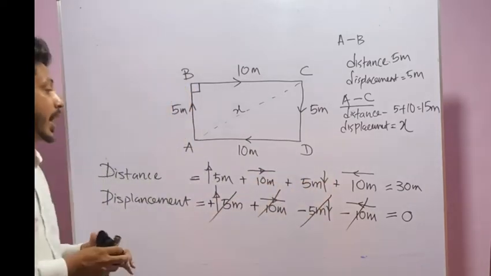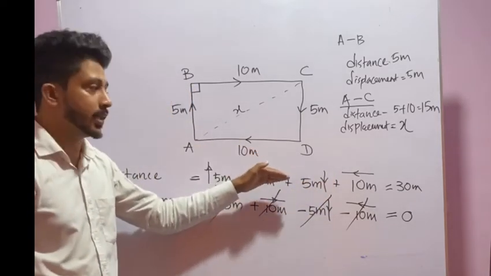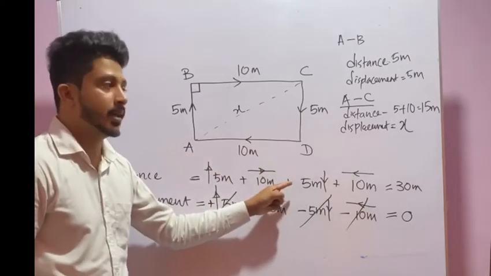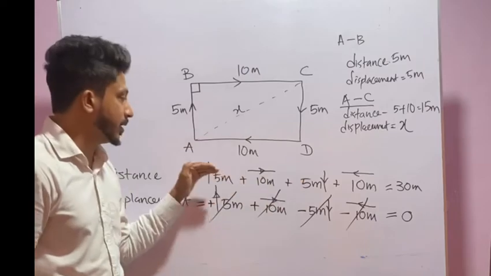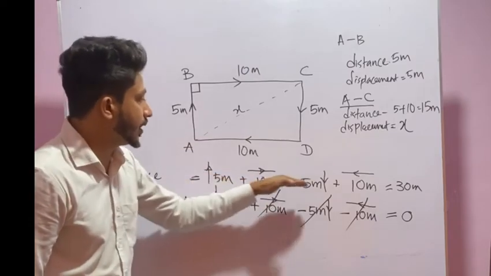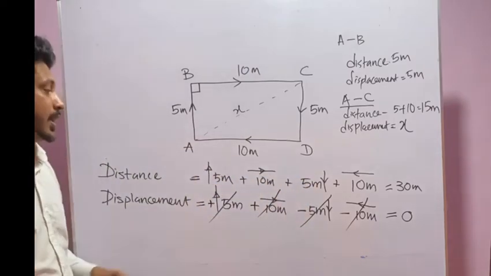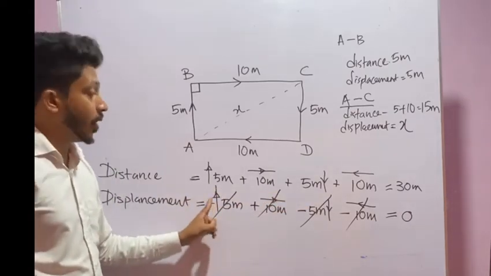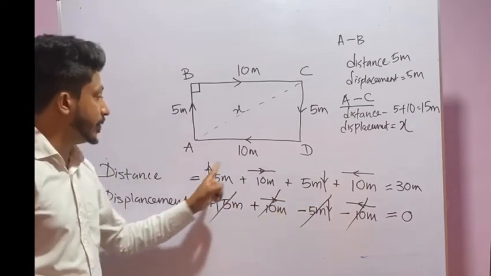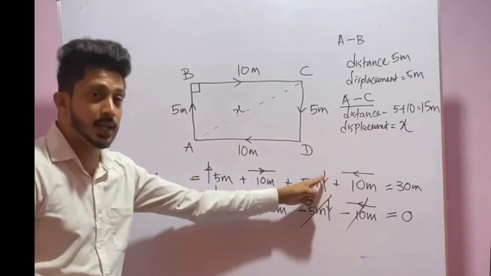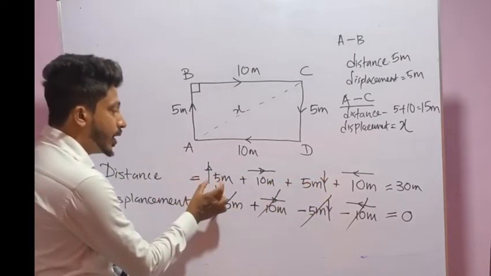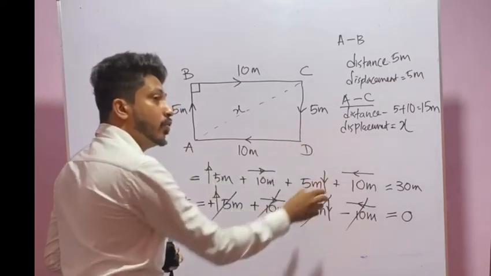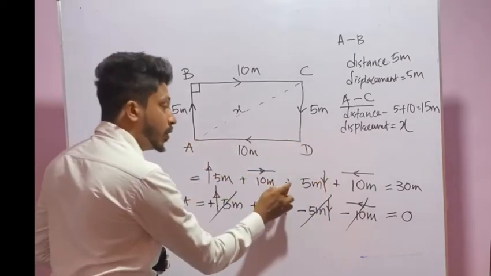Why? We haven't considered the direction here. Because of that, this is also plus, this is also plus. That means it is 10 meters. If we calculate this 5 and this 5, it is 10 meters. But here it is 0, because here we have considered the direction. Here we haven't considered the direction.